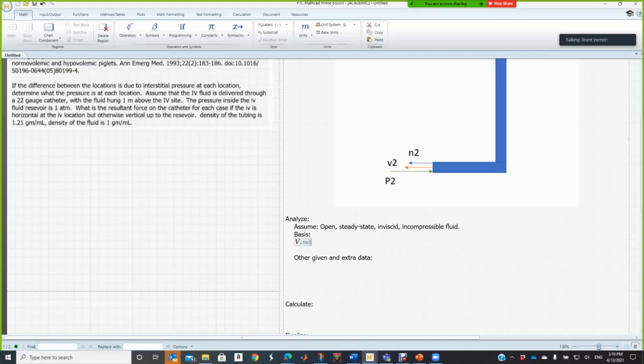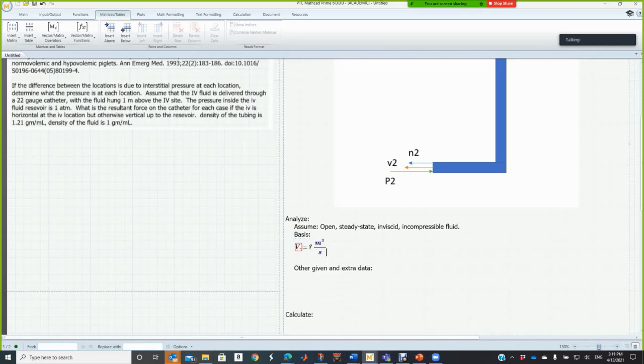V dot is going to be equal to a matrix. Maybe I can copy it from up here. Let's do it this way instead of typing this all. I may have to type it.